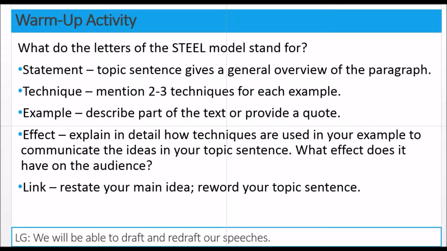Once you actually have the example, then you will be able to analyze that specific part of the text and decide what are the strongest techniques that are being used in that example that actually are communicating the main idea that you have stated in your topic sentence. So it's really, really important that every part of your paragraph links back to that topic sentence, because it should be communicating the main idea of the entire paragraph.